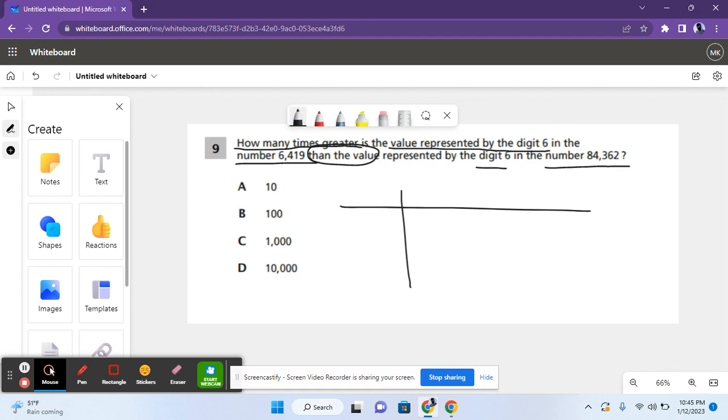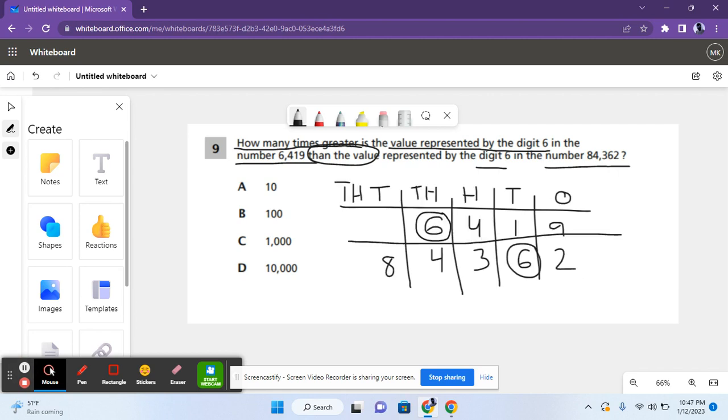Let's put them in a place value chart. Okay, I'm gonna do the place value chart real quick and I'll be right back. Okay, so I finished making the place value chart. So we have ones, tens, hundreds, thousands, and 10,000s.